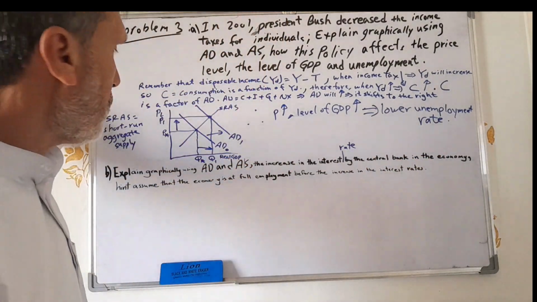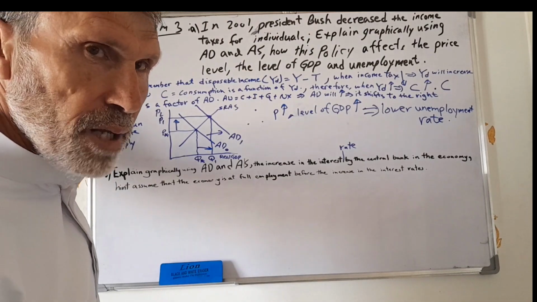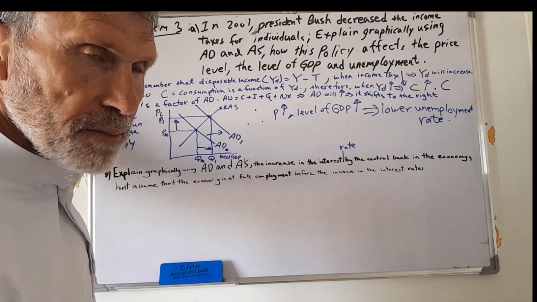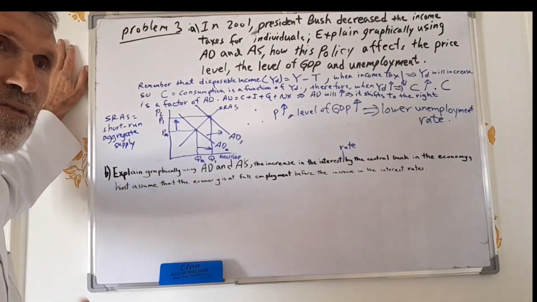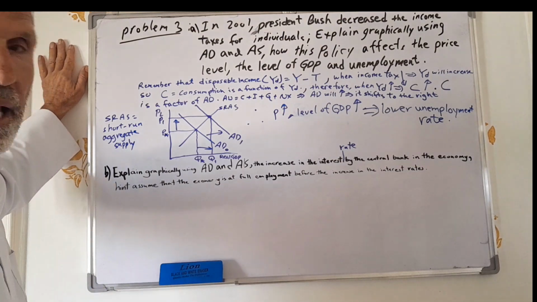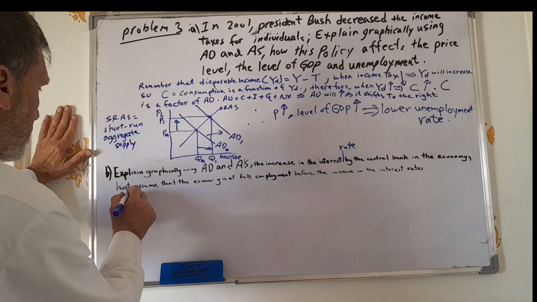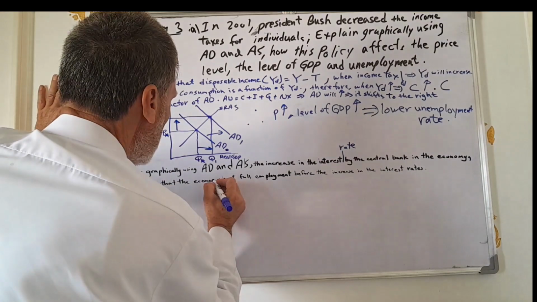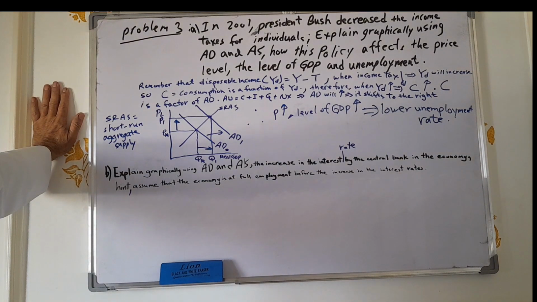We have to use a graph using aggregate demand and supply to study the effect of the increase in the interest rate in the economy. Hint: assume that the economy is at full employment before the increase in the interest rate.